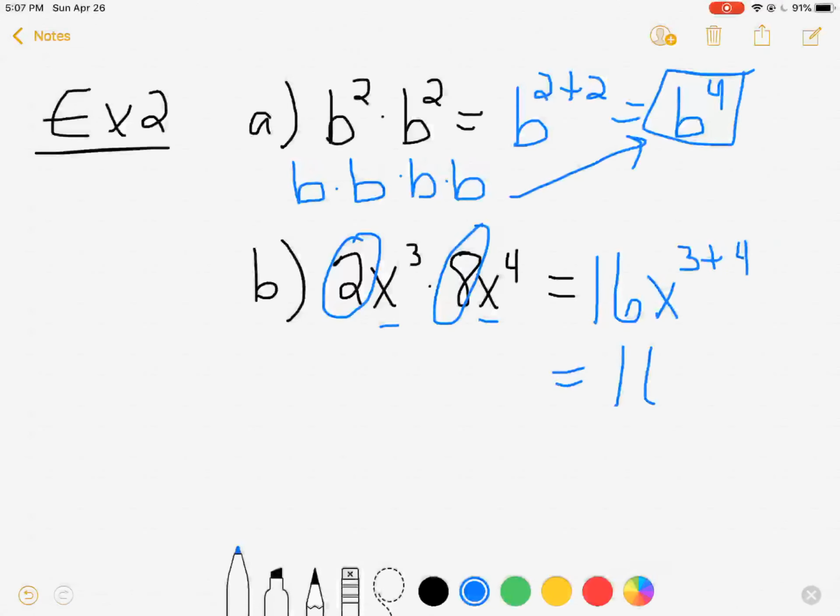So then my final answer is 16x to the 7th. So the 2 and the 8, they were not same bases, so we didn't use the rule on those. The bases that were the same were the x's. So that's the one where we use the rule.